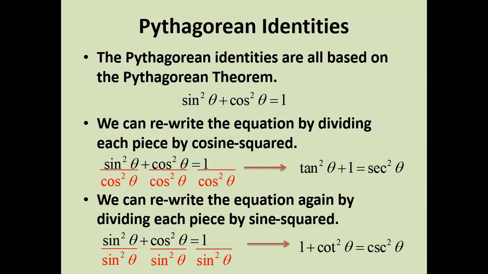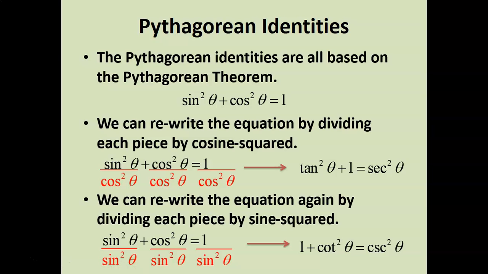So we have the Pythagorean identities, and they come in 3 general forms. Sine squared theta plus cosine squared theta equals 1. And then we just rewrite that same statement by saying tangent squared theta plus 1 is equal to secant squared theta. And then 1 plus cotangent squared theta is equal to cosecant squared theta.